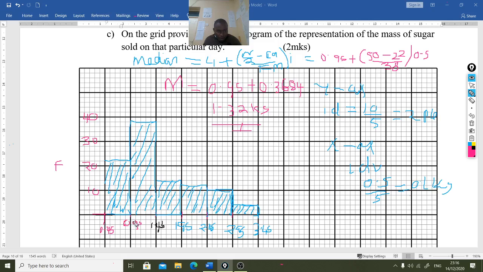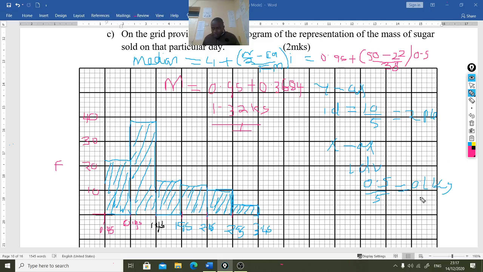This is 5, 10 up to here. So the difference here is 10, and the value 0.5 divided by 5 was giving me 0.1.